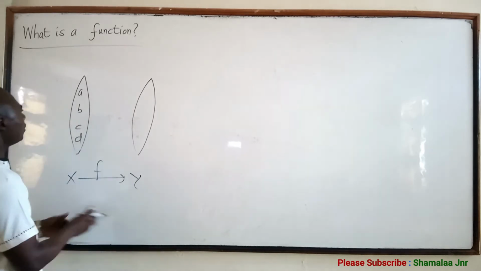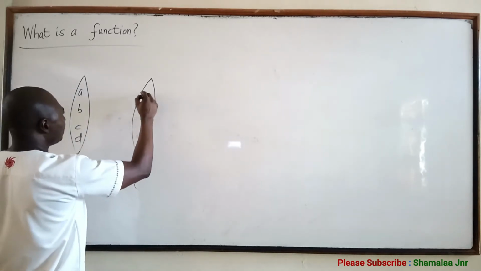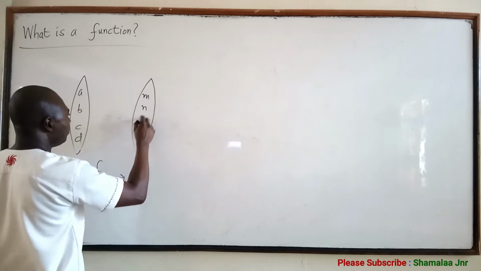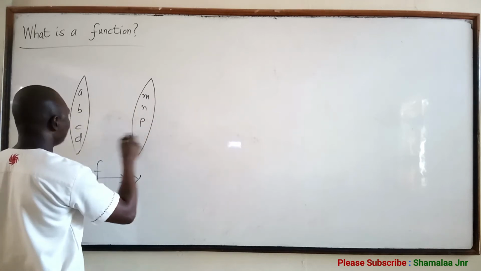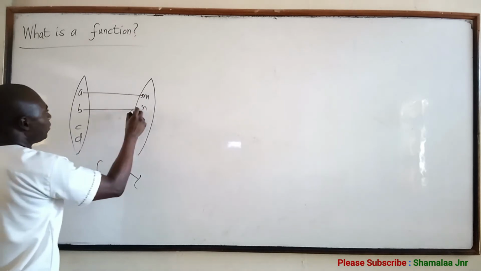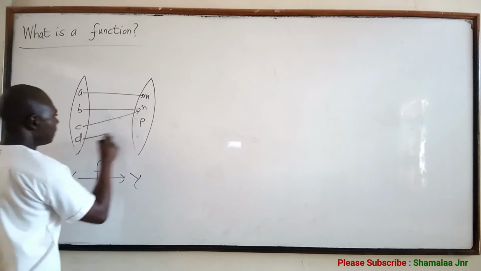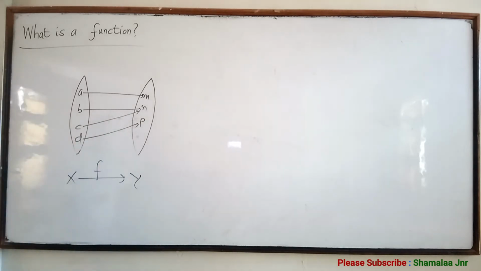Okay. Now let me write these values. You can have, say, m, n, p. This is mapping onto this, this mapping onto this, this mapping onto this. Okay, you have something like this. Viewers, this is a function.